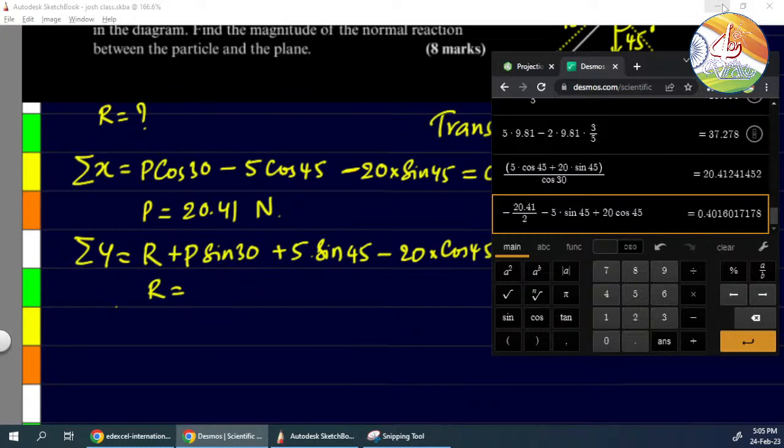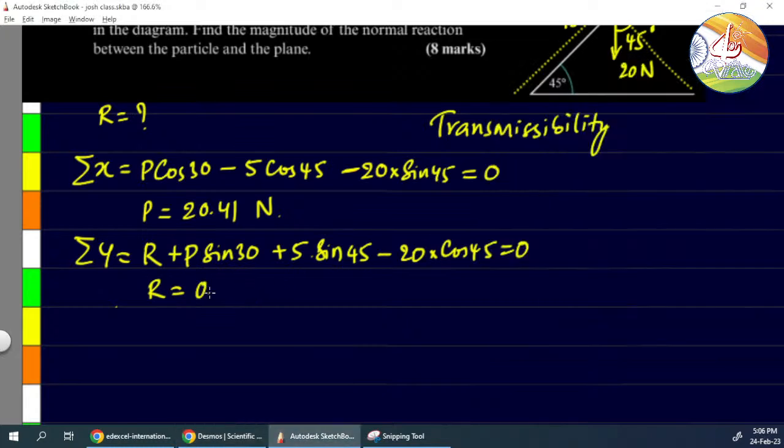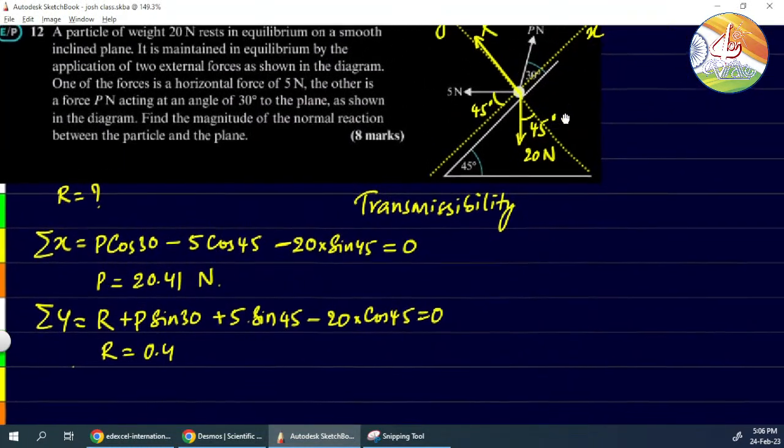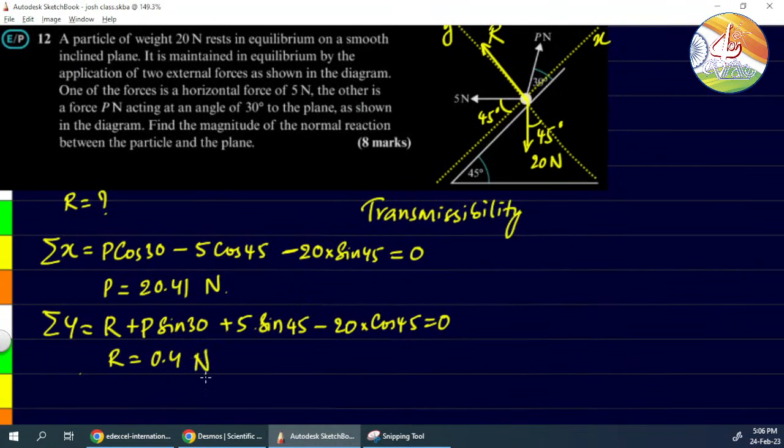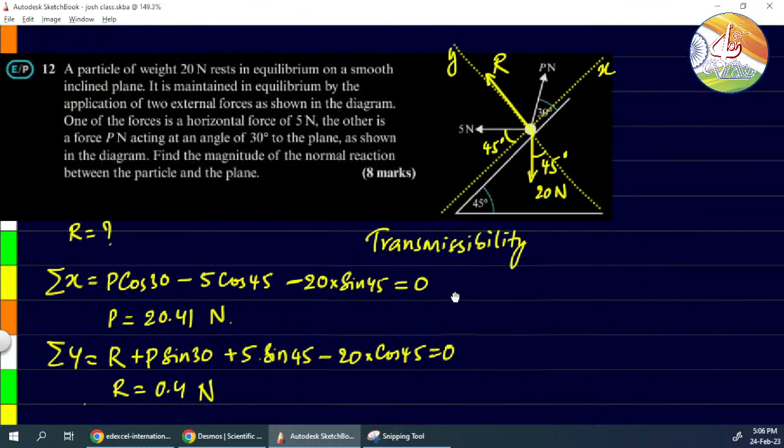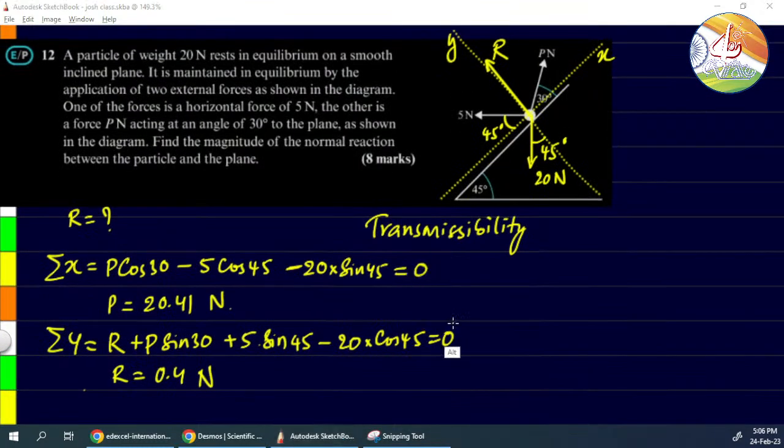Correct? Yes. So we're getting 0.40. So very less reaction, because both the forces are lifting the object upwards. So that is reducing the reaction. Clear? Any doubts here? No, sir.